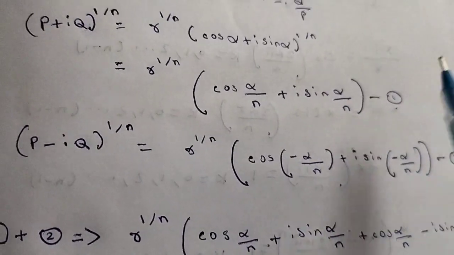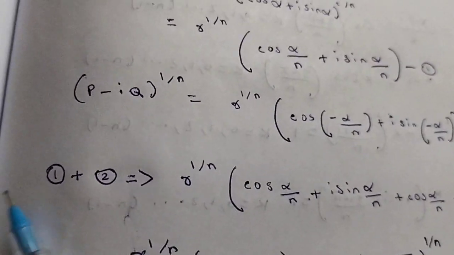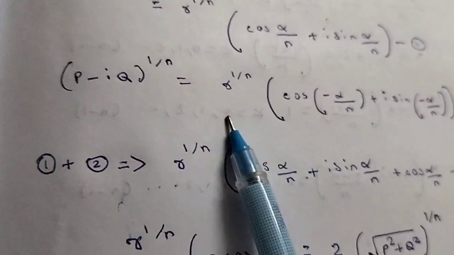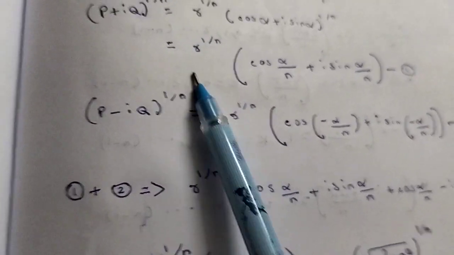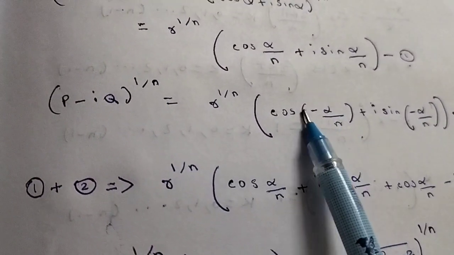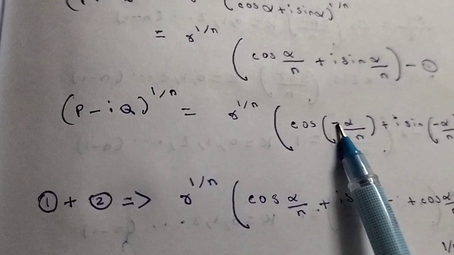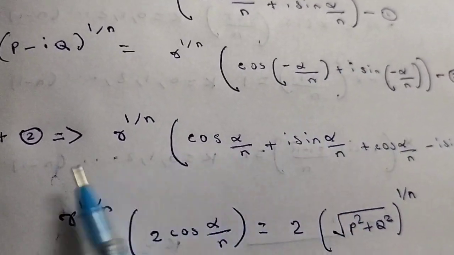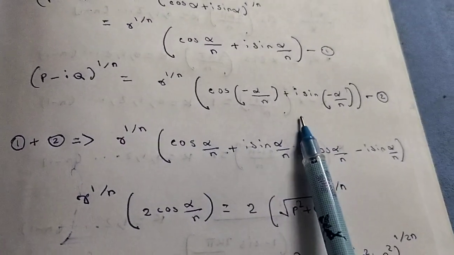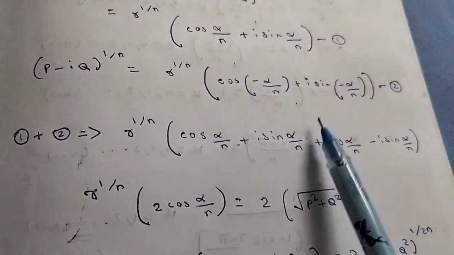Take it as the first equation. Now p - iq whole to the power of 1/n. In the same way as before, in place of alpha we will get minus alpha. After that you add both equations.